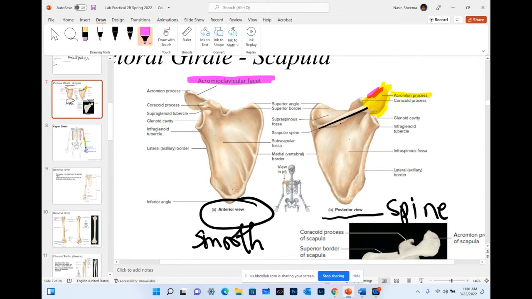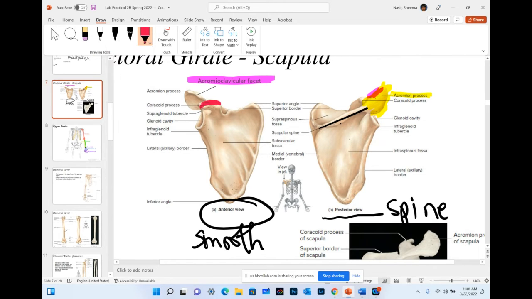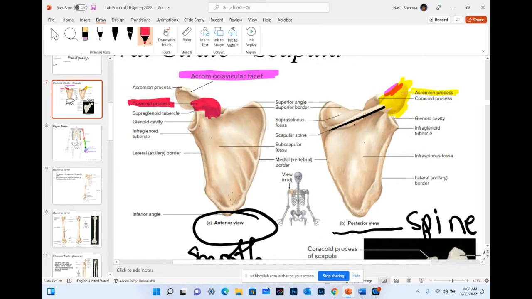Then you are going to look at another process. You can see it more clearly from the anterior surface, and that is your coracoid process right here. Coracoid process.